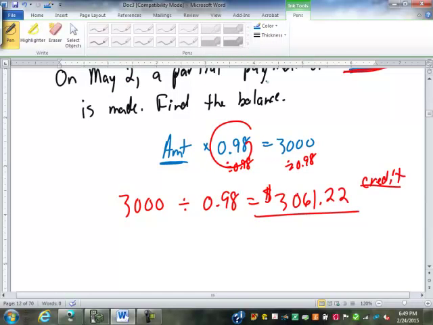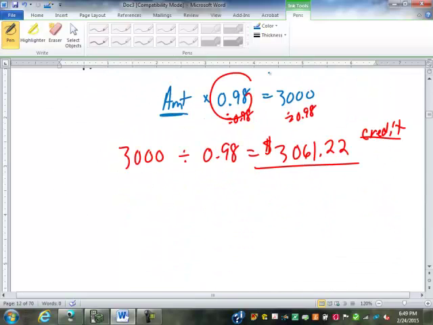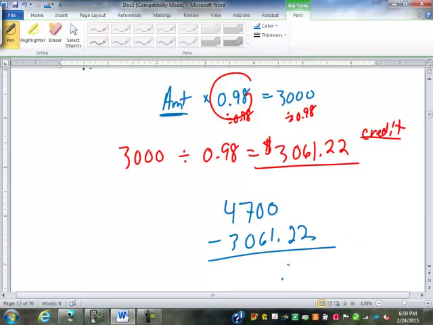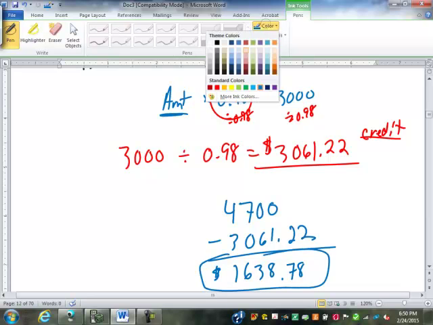What we were asking for is the outstanding balance. So we take the 4,700 and subtract the 3,061.22, and we will get $1,638.78 is the balance outstanding.